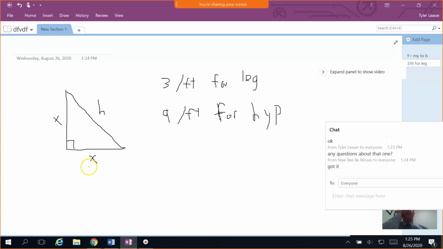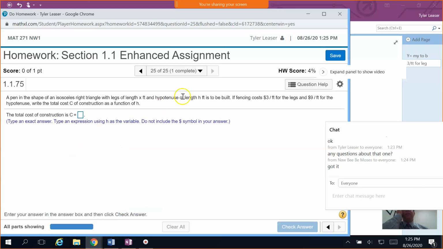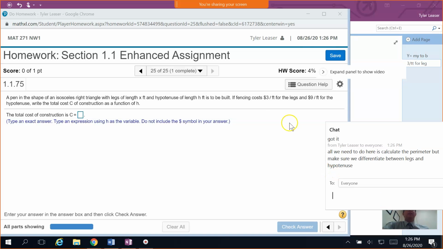If we're building this as a fence, all we need to do here is calculate the perimeter, but make sure we differentiate between legs and hypotenuse, just because the price to build those things individually is different.